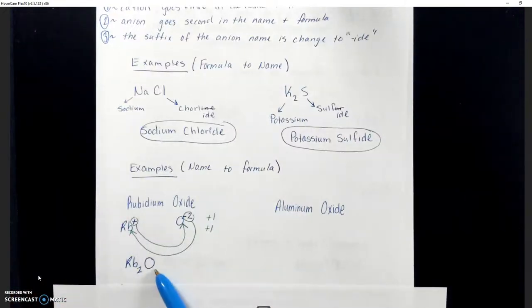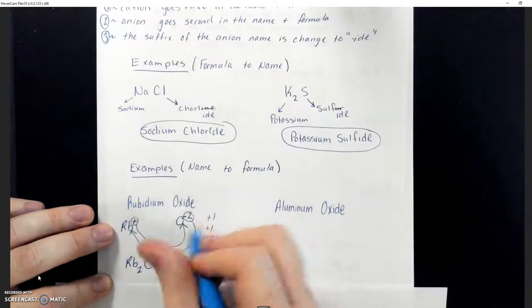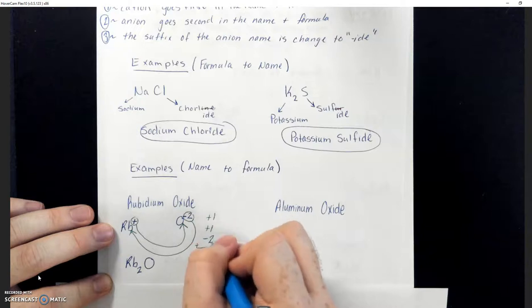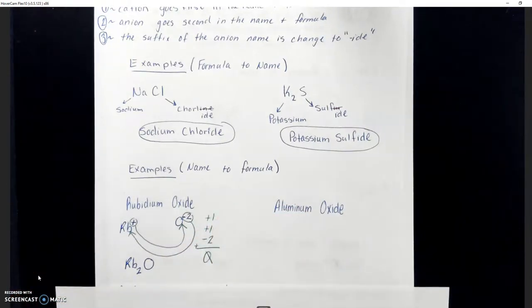There's 1 oxygen in the formula, so what's the overall negative charge for the oxygen side? Well, there's only 1, so it's going to be -2. If you add all of these together, +1, +1, and -2, you get 0. And we know our formula is correct. By adding up the charges at the end of the formula, you can check to make sure that you did that formula correctly.